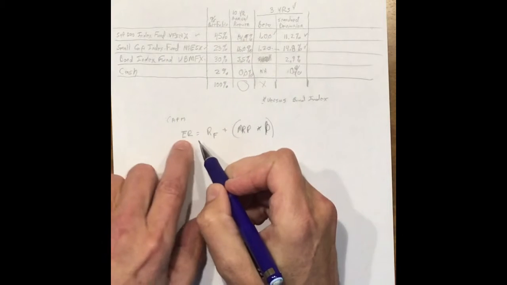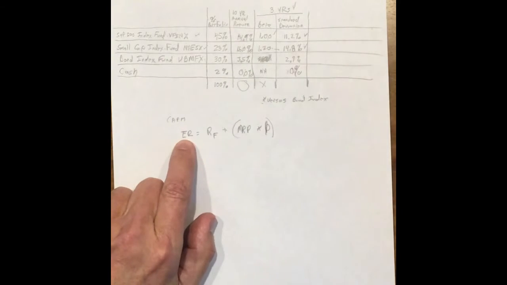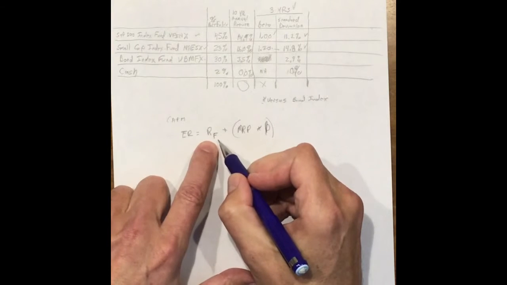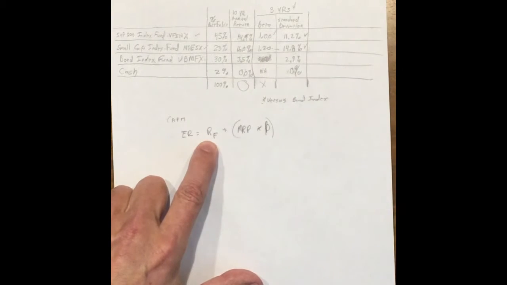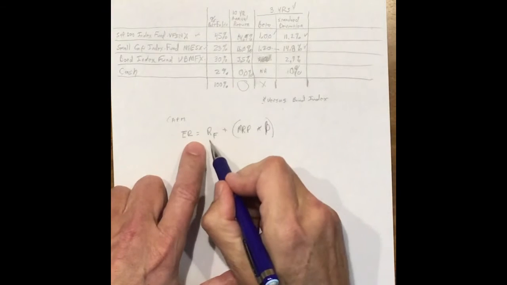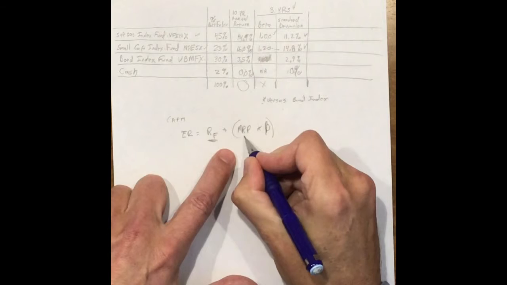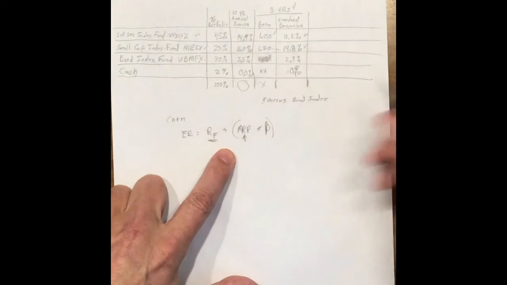So this is just saying that if you own an investment, you would never want less than the risk-free rate, because why would you ever invest in something that you expect is going to return less than an absolutely risk-free investment would return? So that's sort of the base, the absolute minimum return you'd want. The market risk premium is, again, typically applied.